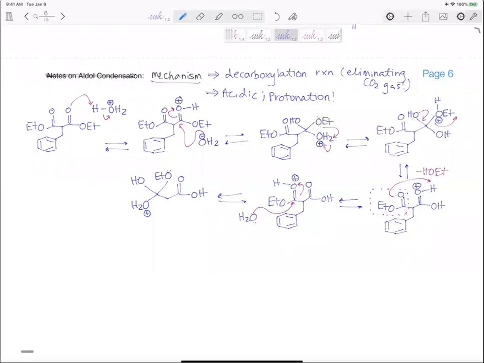Right, and again, the same process repeats itself, where ethanol is going to be protonated. So it's going to grab this proton here. And this will become a geminal diol.